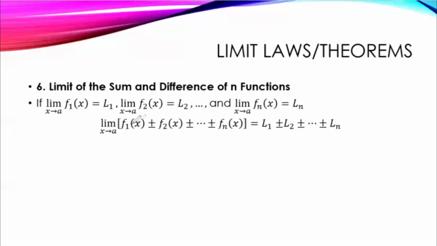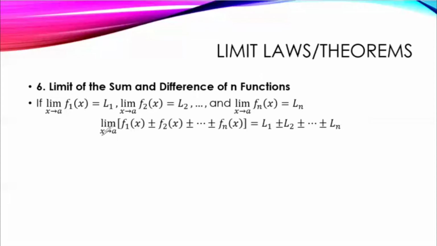The limit of f sub 1 of x plus or minus f sub 2 of x plus or minus and so on up to f sub n of x as x approaches a is equal to L sub 1 plus or minus L sub 2 plus or minus and so on up to L sub n.